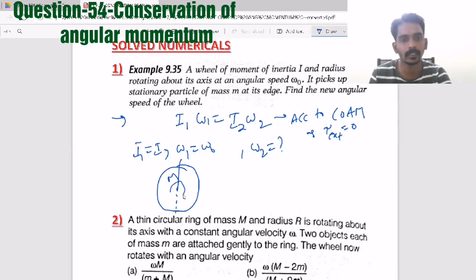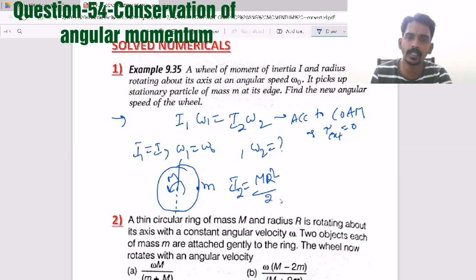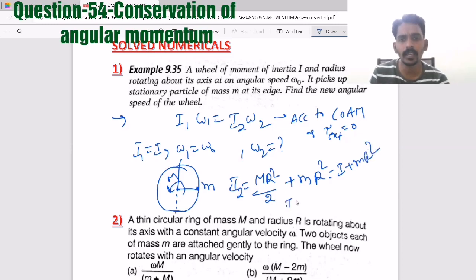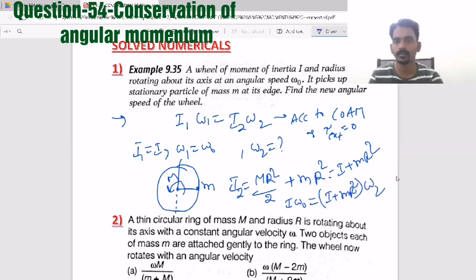Once a mass is attached, the new moment of inertia will become the disc moment of inertia, which is mR square by 2, I only, plus m into the perpendicular distance of the attached mass, R, so mR square. Then you can write I omega naught equals I plus mR square times omega 2.